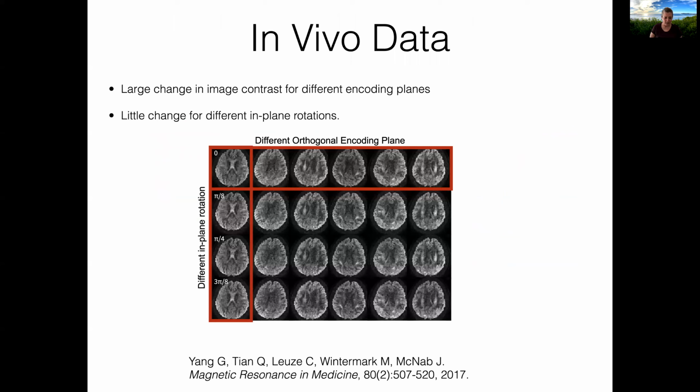Looking at actual in vivo images, we saw significant changes in image contrast when you look at the different orthogonal encoding planes going left to right, and much more similar images, similar contrast, as you went down each column here, looking at different in-plane rotations. And so this also inspired confidence that the in-plane rotations weren't adding a lot of information.